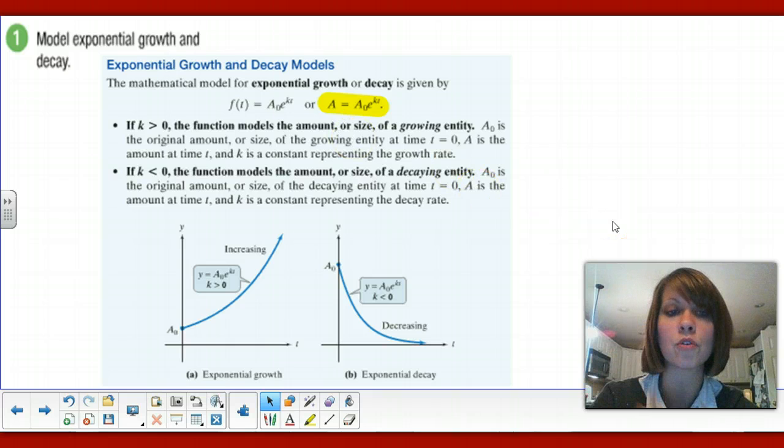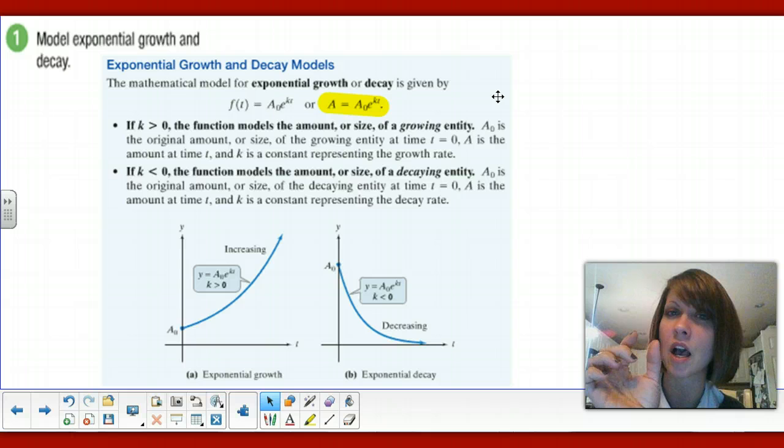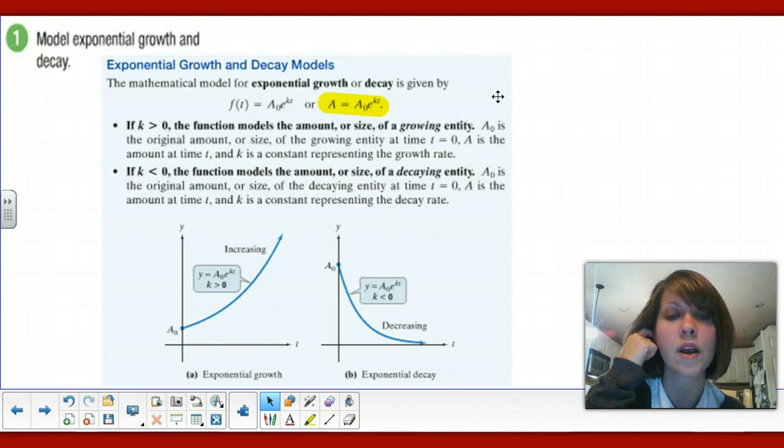Reminding you about growing versus decaying back from lesson 1. We're going to be growing when our rate, that would be the K, is positive. What we talked about back in lesson 1 was if the base was bigger than 1, it grew most times, unless there was a transformation that would cause it to do otherwise.